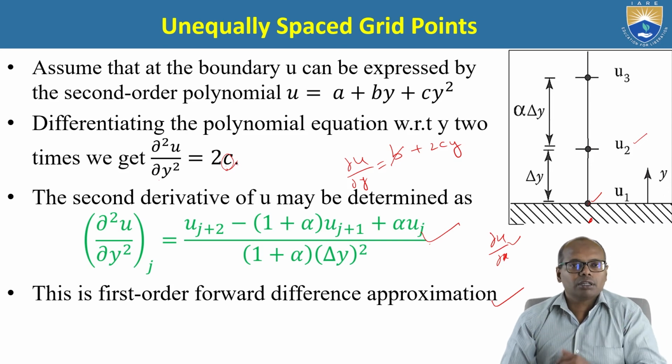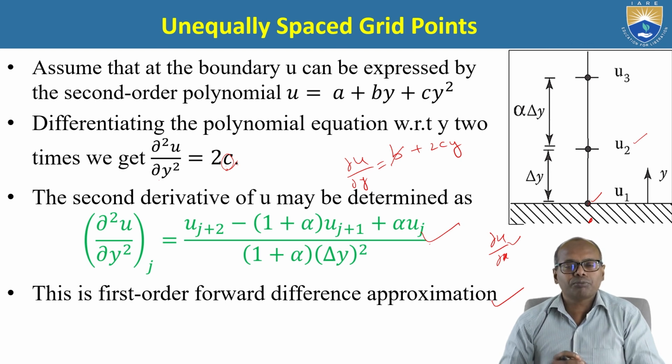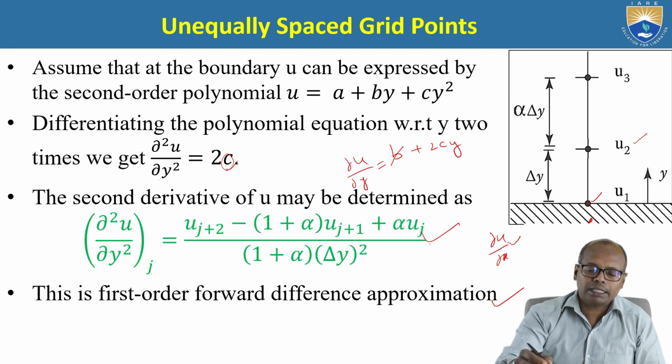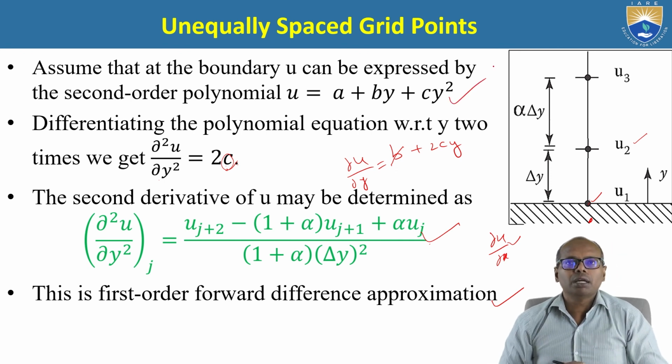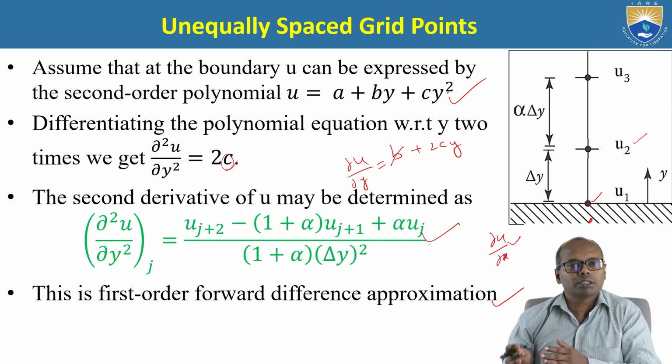In order to avoid that difficulty, we are using the polynomial approach, and since we need a second order accurate one, we have selected a second order polynomial, and using that, we substituted the values of independent variables at points 1, 2, 3, and we found the values of a, b, c.